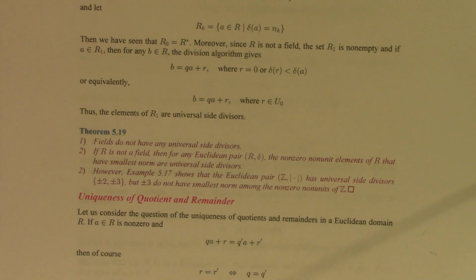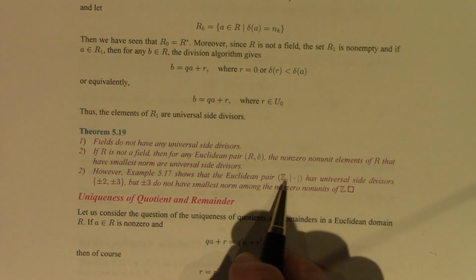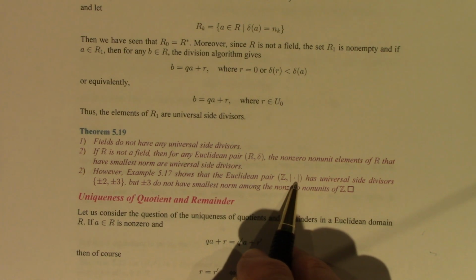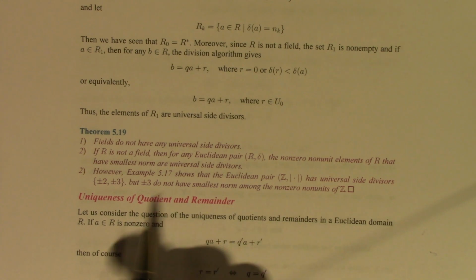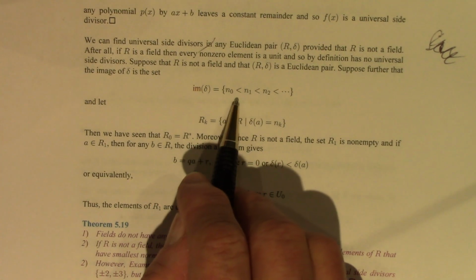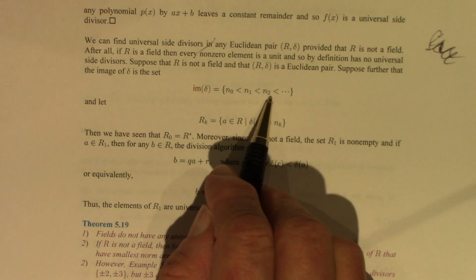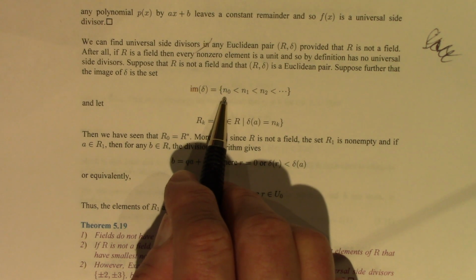But we saw in an earlier example for the integers, that if we take the integers under the absolute value norm, this Euclidean pair, positive and negative 3 are universal side divisors. They're not in R1, they're in R2, because their norm is not the smallest possible.